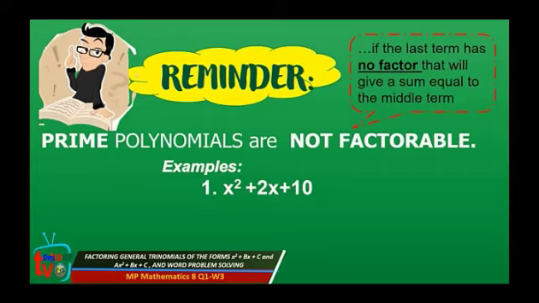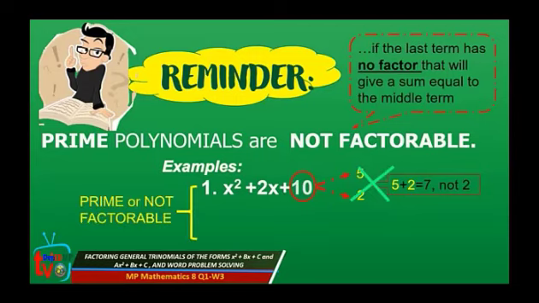We cannot think of factors of 10 that will give a sum of 2, right? If you are thinking of 5 and 2 as factors of 10, the sum is actually equal to 7, and it is not 2. Therefore, x squared plus 2x plus 10 is prime.